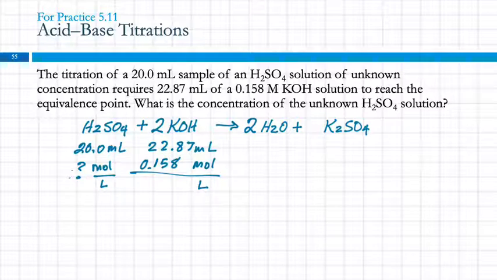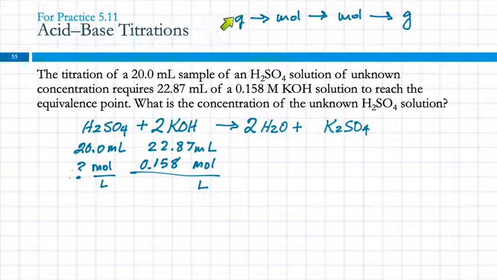So this is stoichiometry. I've got a chemical reaction and I've got amounts of stuff. So I'm going to start with grams to moles to moles to grams. That's always the starting point. Sometimes, like on this worksheet, there were some problems where you just get rid of the grams at each end and you just have moles to moles.